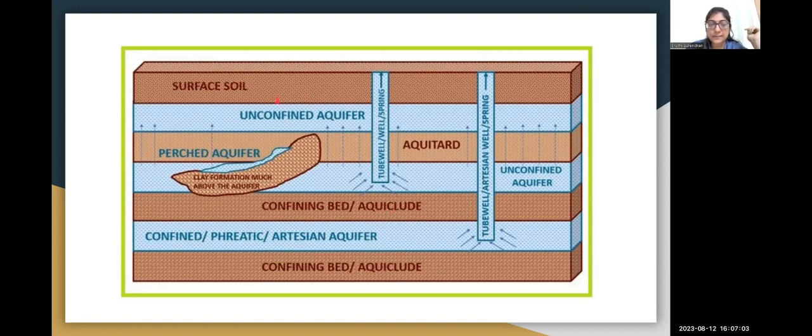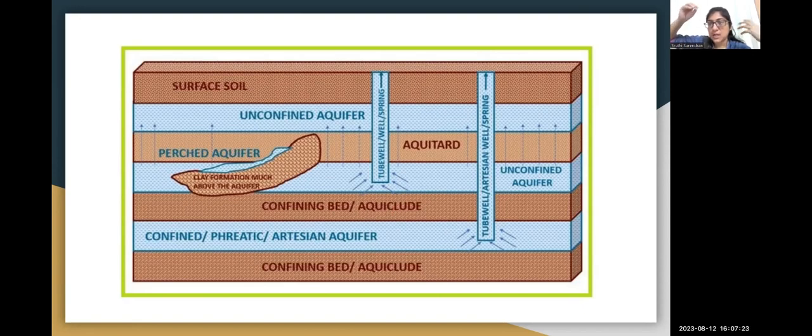Whereas in case of an unconfined aquifer, there is no top impermeable layer. As more and more water keeps getting accumulated, the level of water will go on increasing upward and upward. There is no layer to obstruct the upward movement of water.